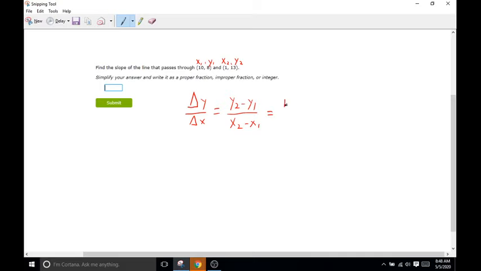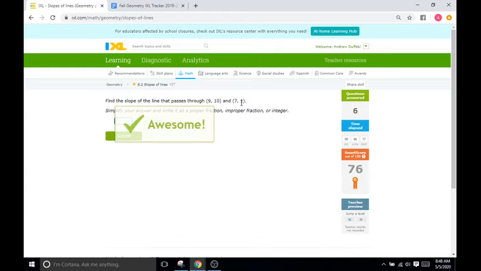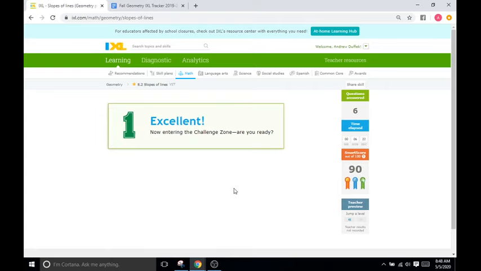So y2 is 13, y1 is 8, all over x2 is 1, and x1 is 10. So 13 minus 8 is 5, all over 1 minus 10 is negative 9. So our slope is going to be negative 5 over 9. Come back here, we have negative 5 over 9. Good. Okay, I'm going to jump a level and see if there is anything different.